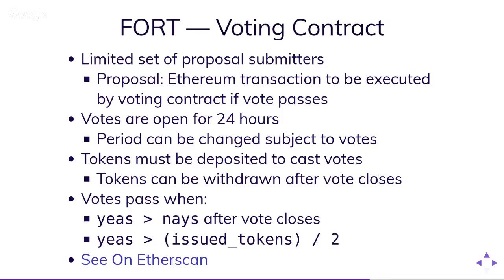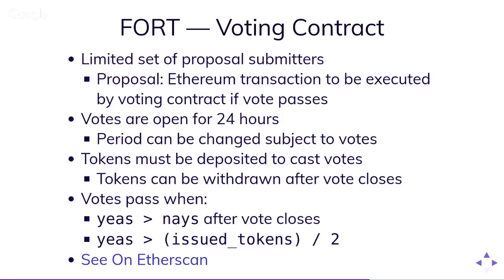Again, it's available on Etherscan. You can see any transactions that have happened there. You can see, I guess, any assets that the voting contract might hold, although it shouldn't hold any assets. And you can also go there and look for events.